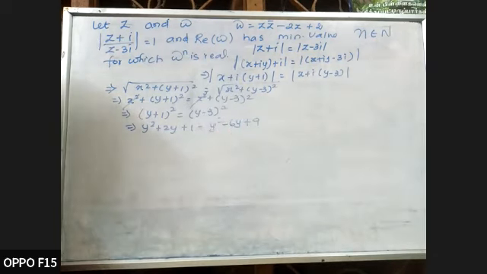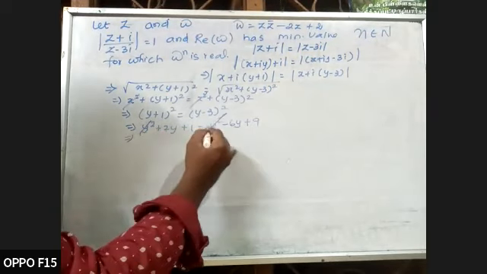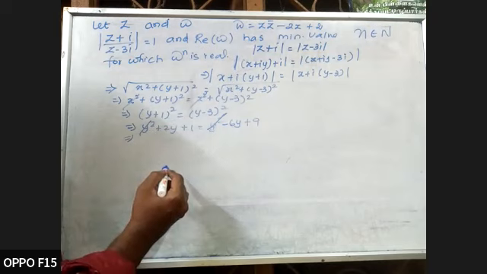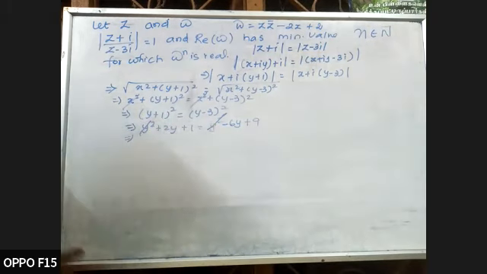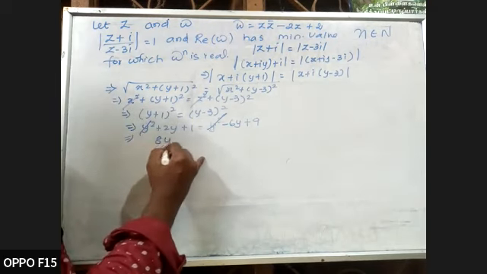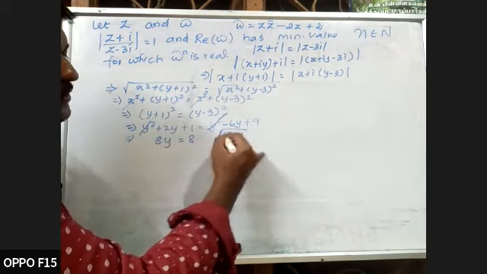Y square gets cancelled. Anything else? No. If I bring the 6Y to this side, we can take this as 8Y is equal to 8. Very good. 8Y is equal to 8. Therefore your Y value is equal to 1.